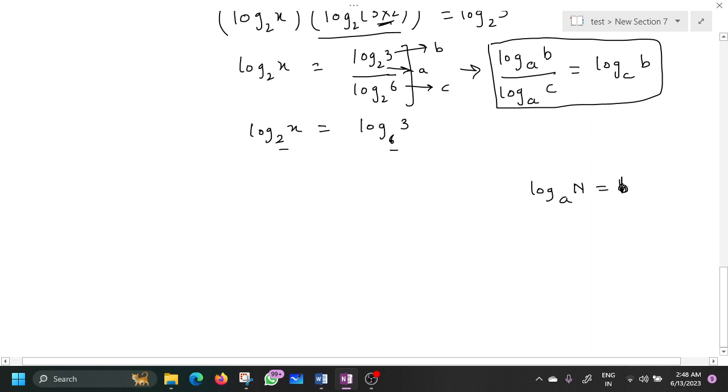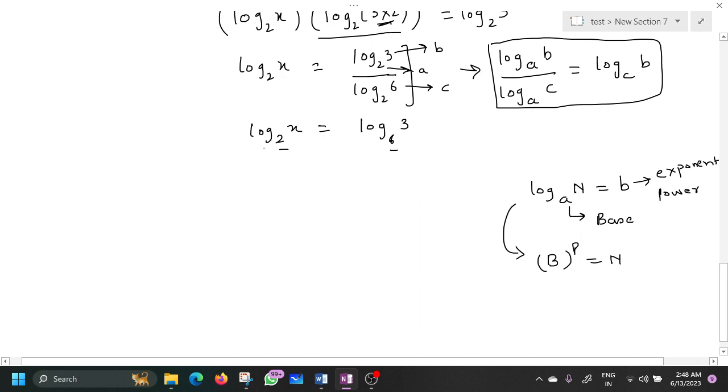Then b is actually the exponent in the log equation, or you can call it the power. a is actually the base, and n is the base to the power b. This is the alternate form of the log equation.